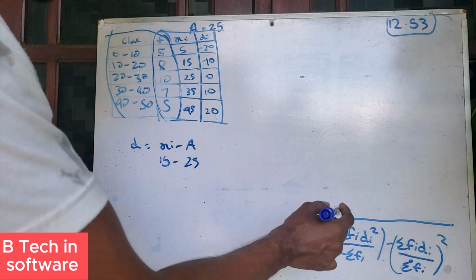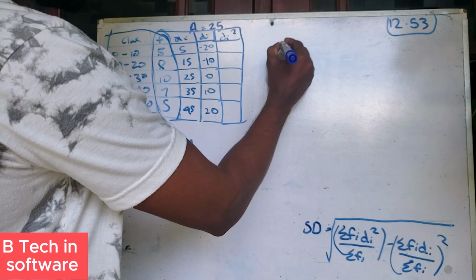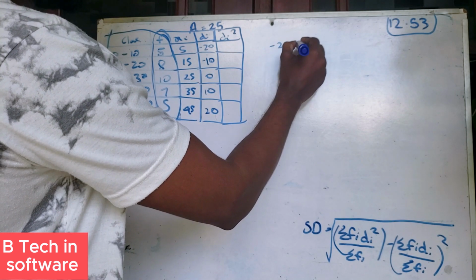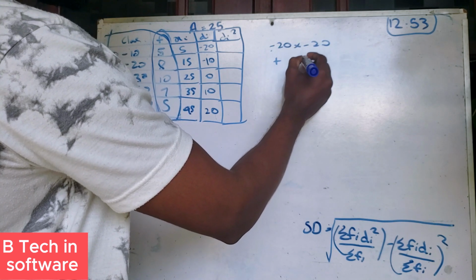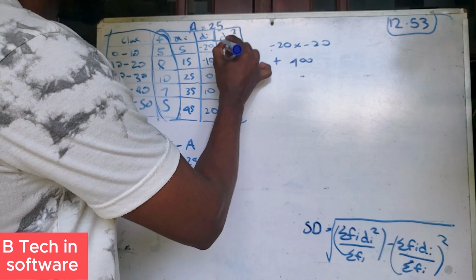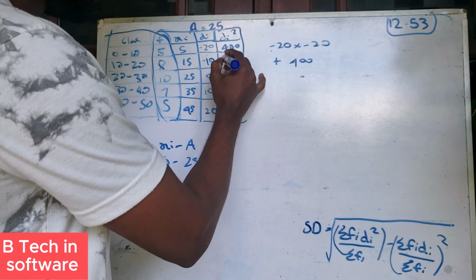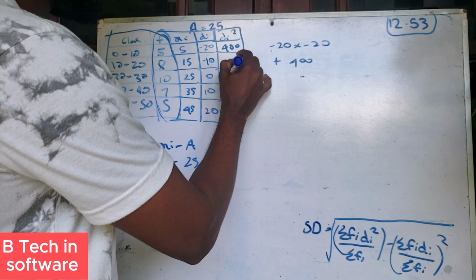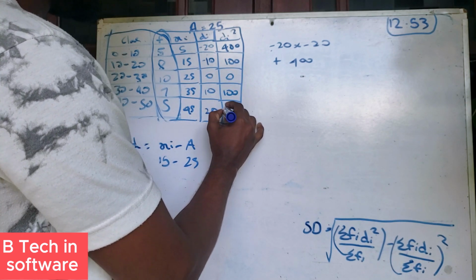Now we need to find di squared. To find di squared, I will take the first value, minus 20 times minus 20, which is 400. Likewise you need to find all the values for di squared. 10 times 10 is 100, plus 100, 0, 100, 400.